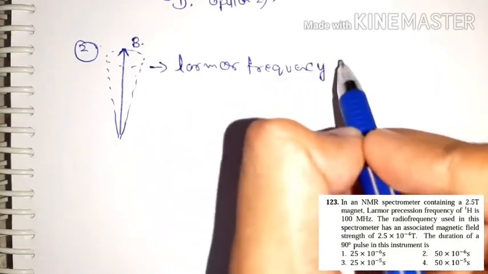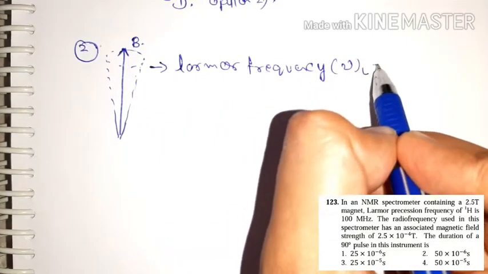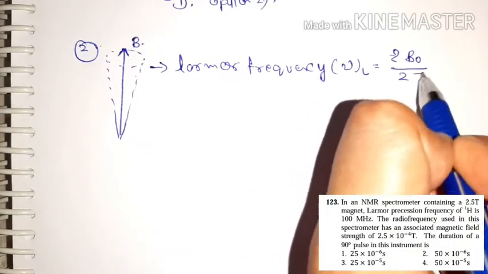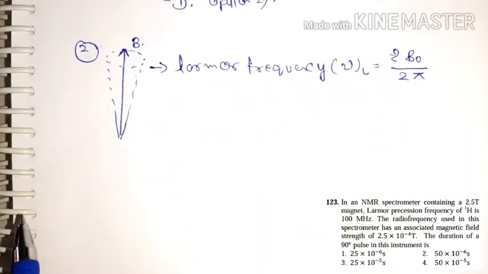The formula of this Larmor frequency is equal to gamma B naught upon 2 pi. This is the formula for Larmor frequency.